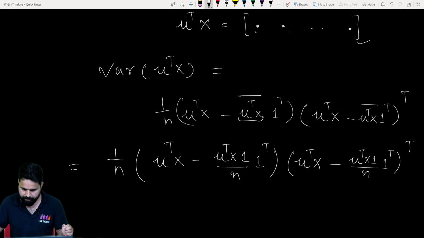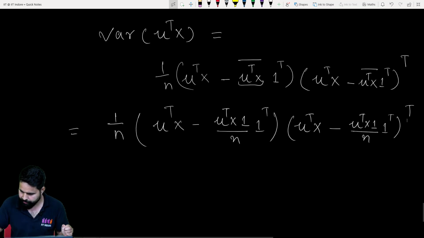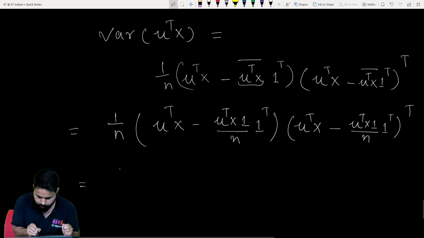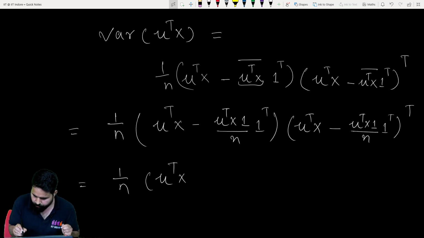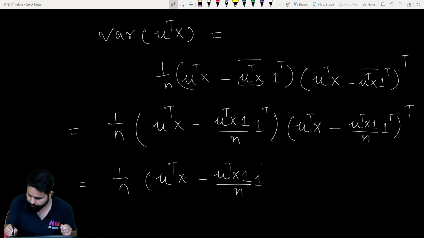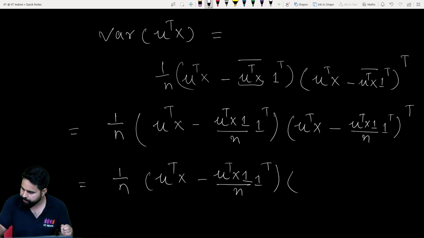Now let me take this transpose inside. So this will be again the same thing, nothing new here. And now I am taking this transpose inside. So this will be x transpose u, very basic stuff.